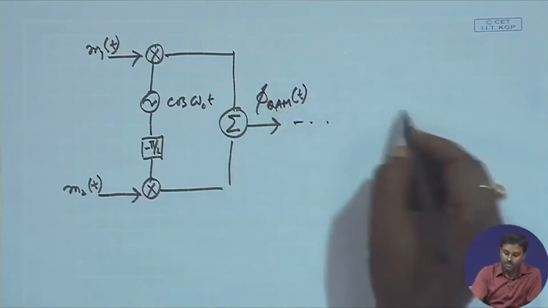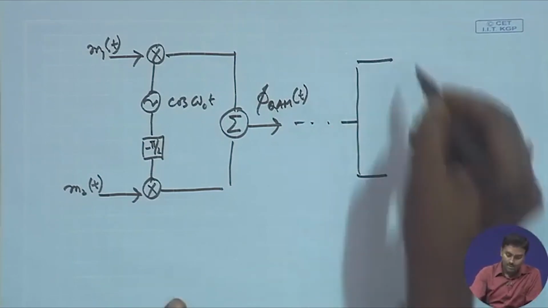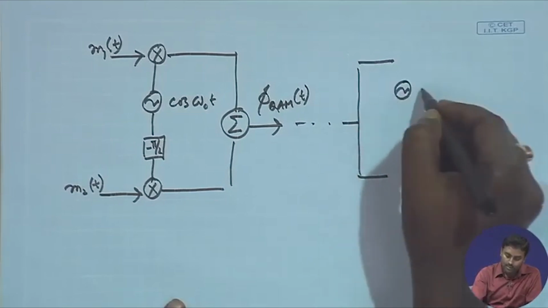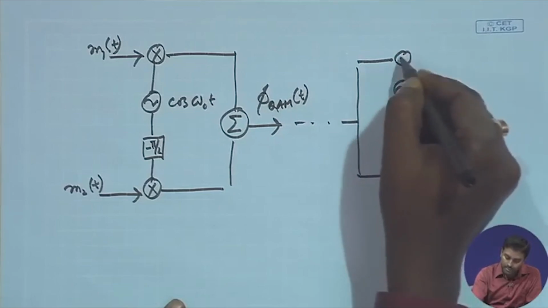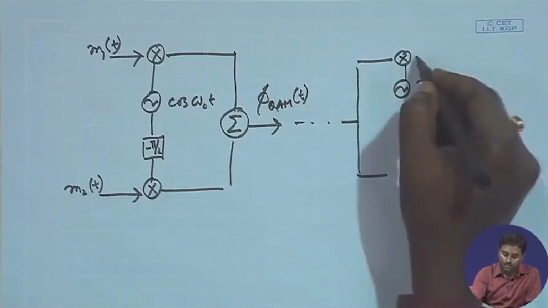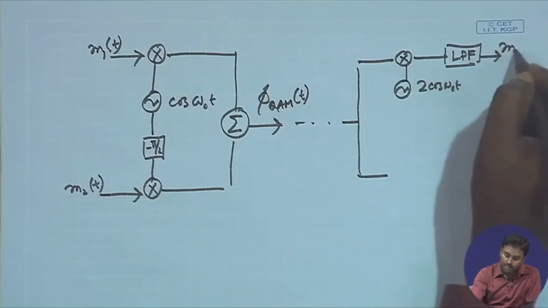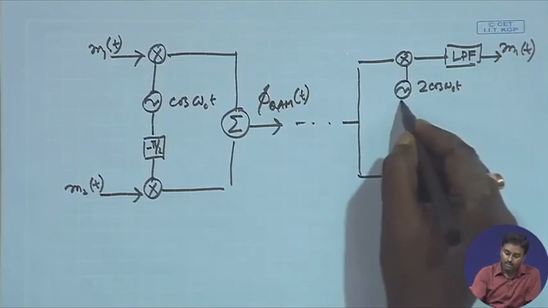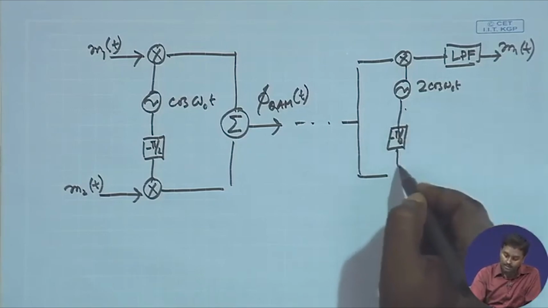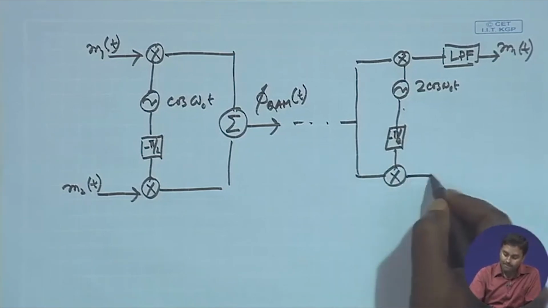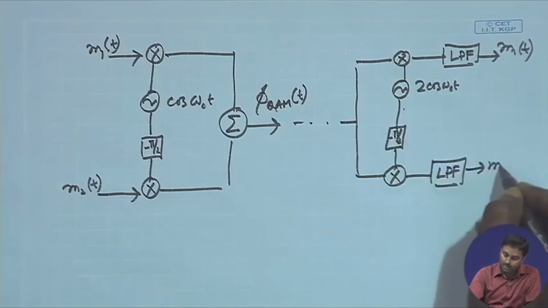Once you receive that, you put it in two arms, and then again locally you generate 2 cos omega ct and directly multiply, followed by a low pass filter, and you will be getting m1(t) back. If you give a pi by 2 phase shift, this will become sine, multiply and then followed by a low pass filter, you will be getting m2(t).